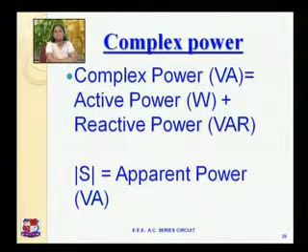Reactive power is due to inductive element or capacitive element. So complex power is also known as apparent power. If you find the magnitude of complex power, it is known as apparent power, and the unit remains the same, it is VA, volt ampere.